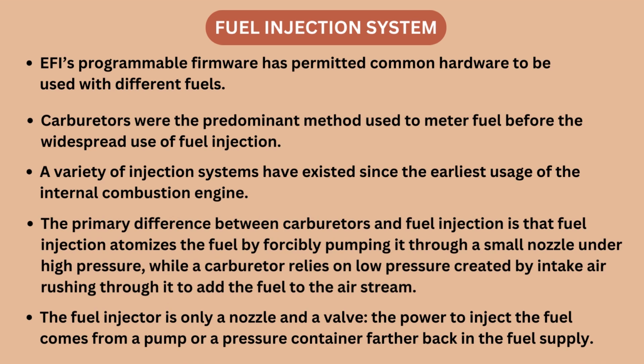The primary difference between carburetors and fuel injection is that fuel injection atomizes the fuel by pumping it forcefully through a small nozzle under high pressure. In the case of a carburetor, the pressure was low and was created by intake air rushing through it to add the fuel to the air stream.